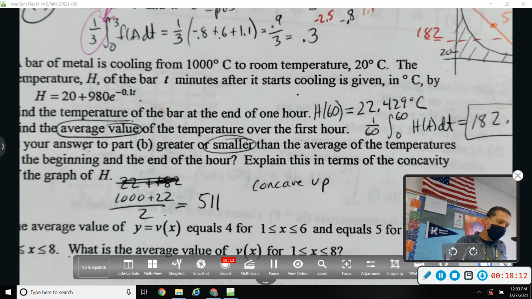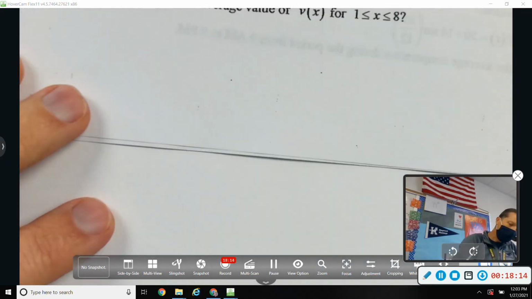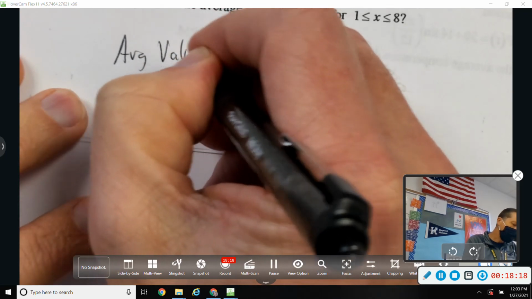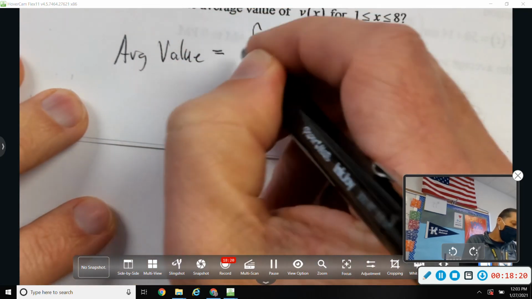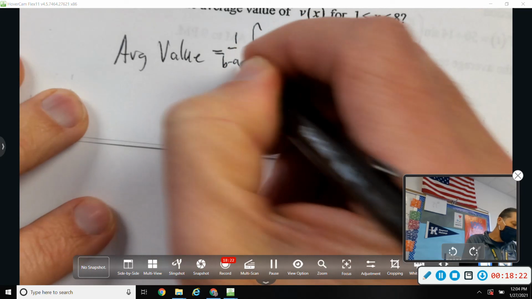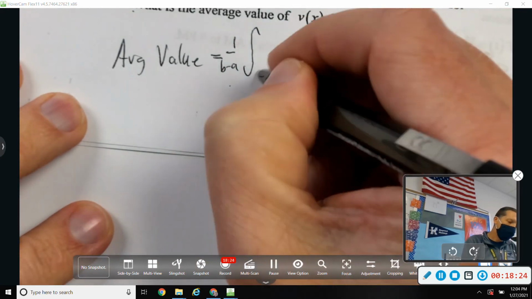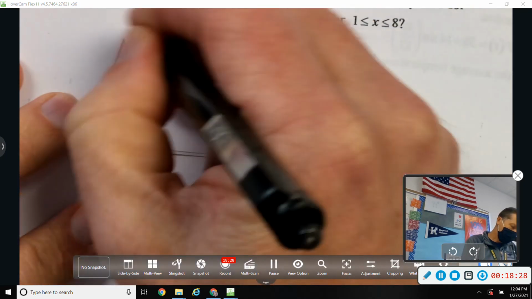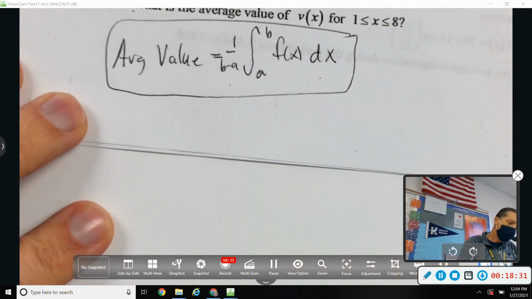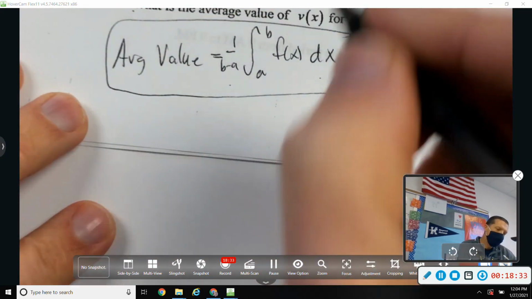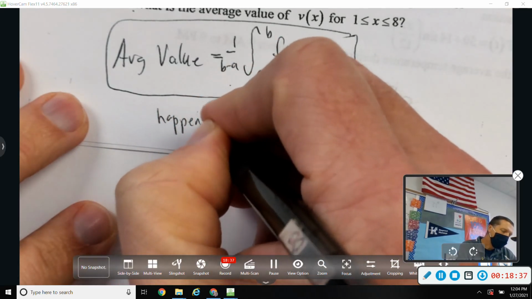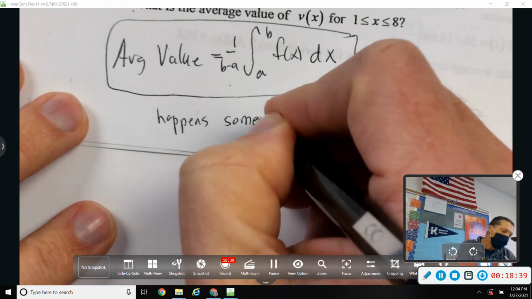All right, but the big thing, the big deal from yesterday is that the average value, I'll write it one more time down here, 1 over b minus a times the integral from a to b, f of x dx. And it happens somewhere between a and b.